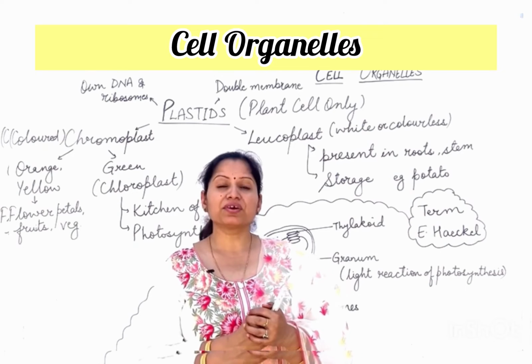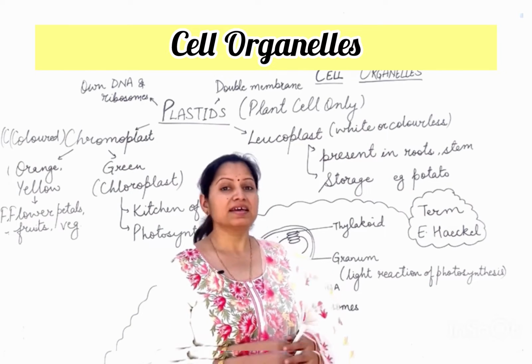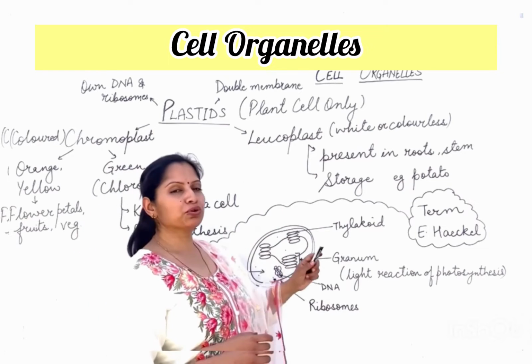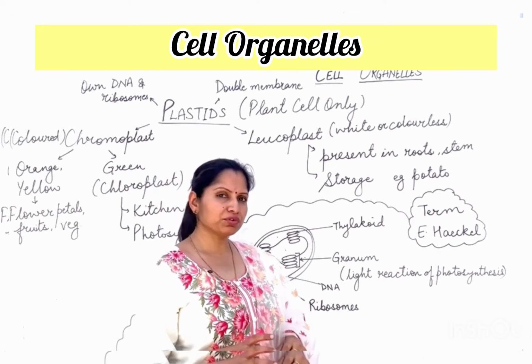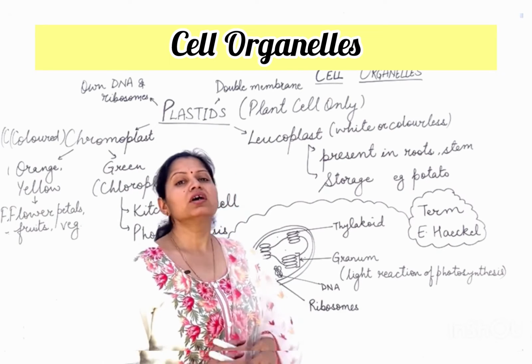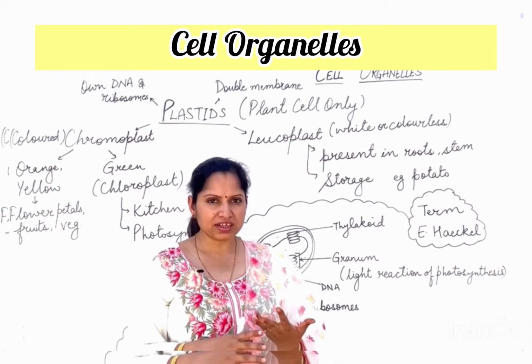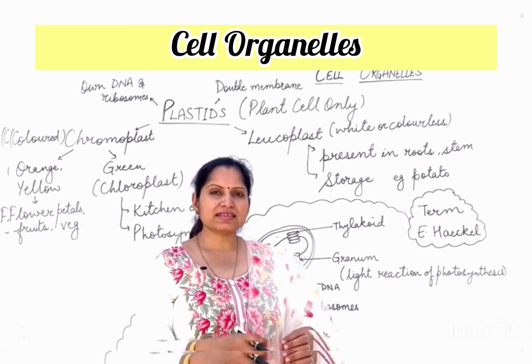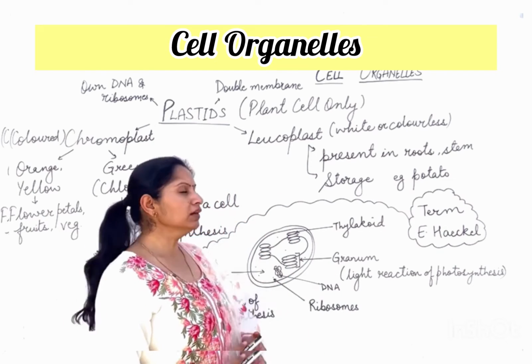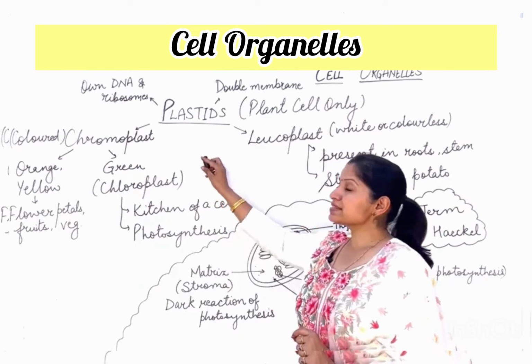So they are the storage part of the plants where the food is being stored by the plants, and they contain the leucoplast. So leucoplast performs the function of storing of starch. It could be oils, it could be proteins. So proteins, oil, starch could all be stored in the leucoplast.